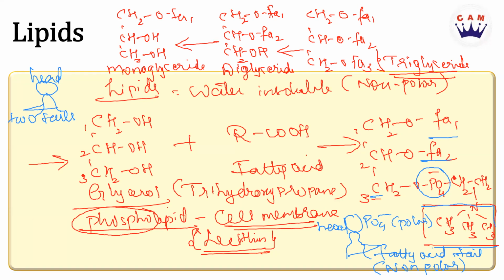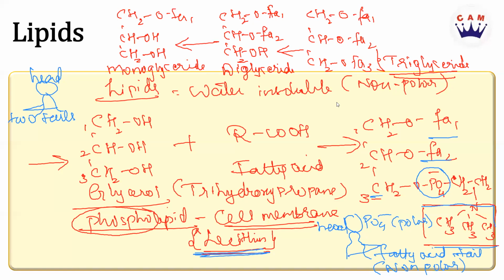Fatty acid 2 attached to carbon 2 will be the same. The phosphate group will be the same. The additional functional group will be different from one phospholipid to another. Is it clear? Here, this functional group attached to the third carbon is called lecithin. Understood?